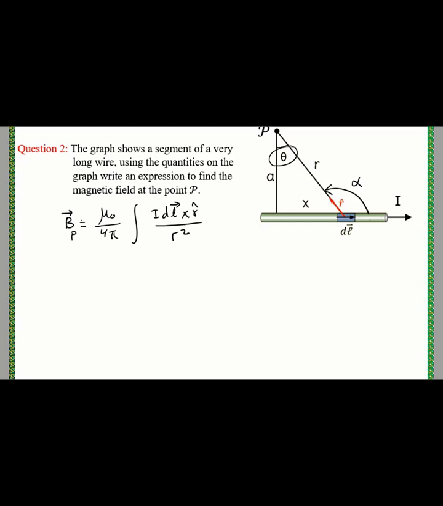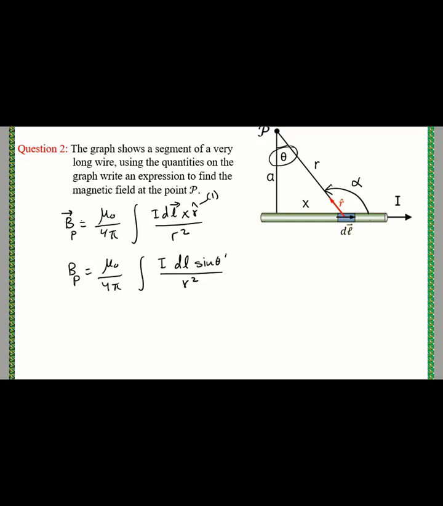Now, if you need only the magnitude, B equals mu naught over 4 pi integration I dl cross r hat, again it is 1 as a magnitude, times sine theta for the cross product over r squared.